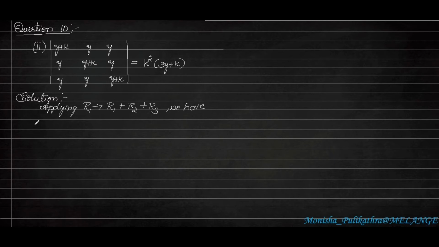Okay, so it will become y plus k plus y plus y. Next is y plus k plus y, and next y plus y plus k, and the rest of the rows we have to write as it is.